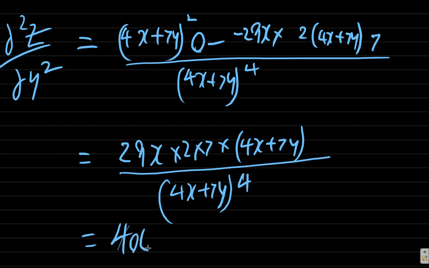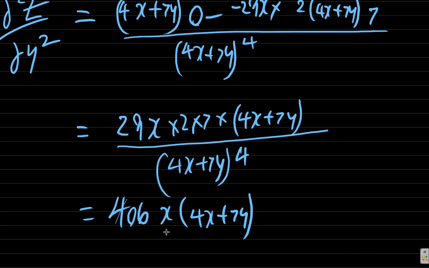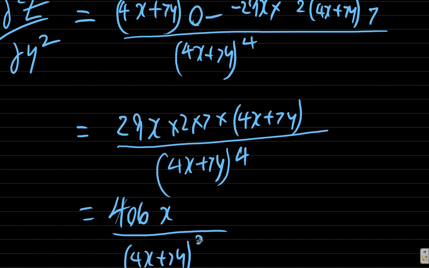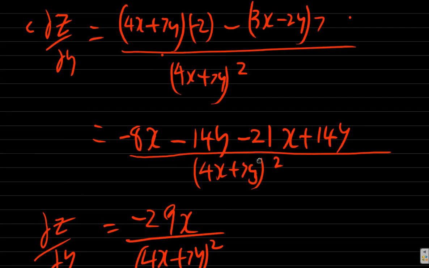So you have 406, and we have x and 4x plus 7y. Oh, 4x plus 7y would just cancel, so it will be 406x divided by 4x plus 7y to the power of 3. So there we have that.